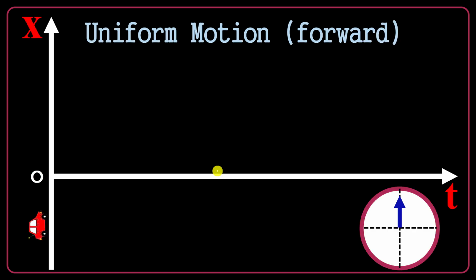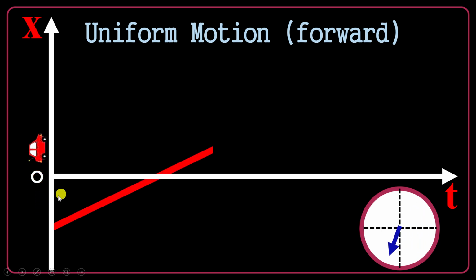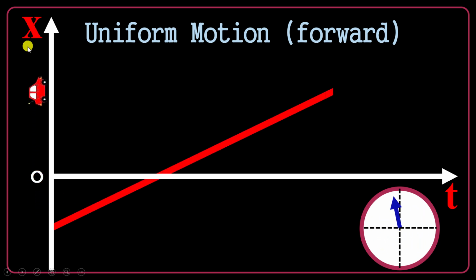On the other hand, if I have a uniform motion, let's say it's forward, and the object starts from negative x, you see the initial position is negative. So it's also possible that the toy car starts from negative x. It will have a linear graph. You know why. So this xt graph is linear, starting from a negative, and then it will pass through the origin and then continue. What the origin means is exactly x equals 0.